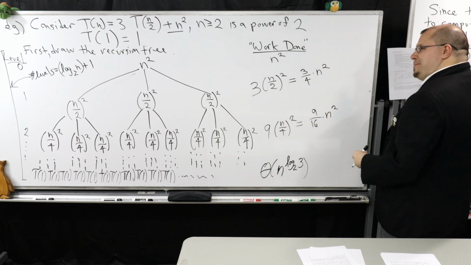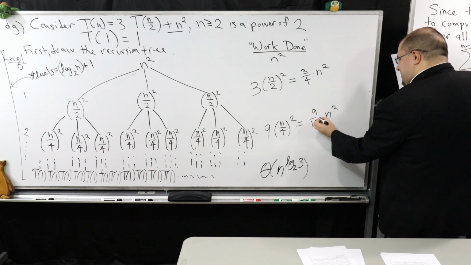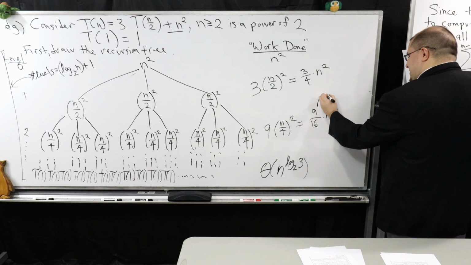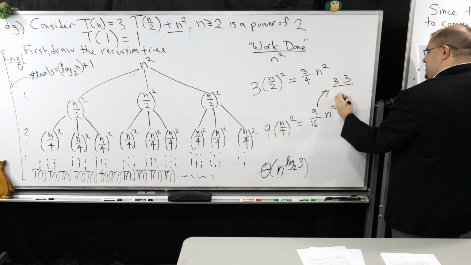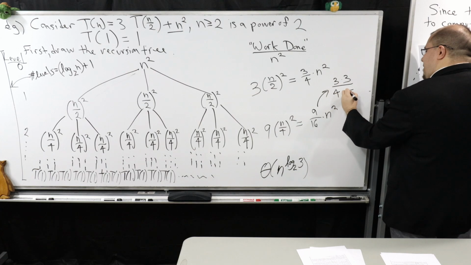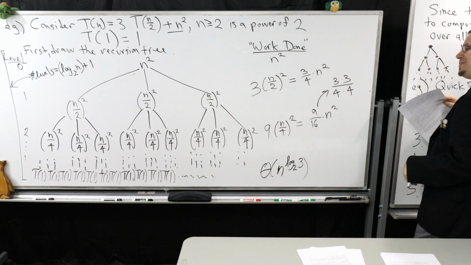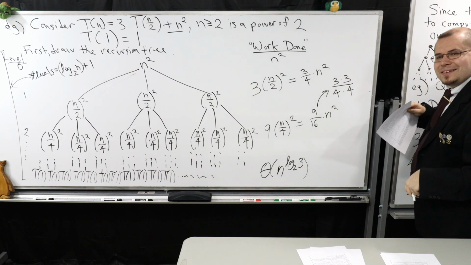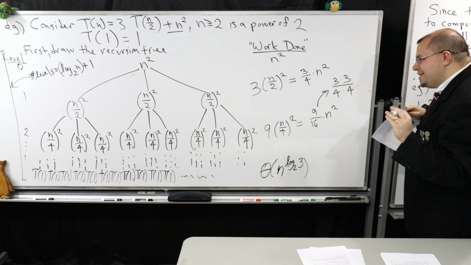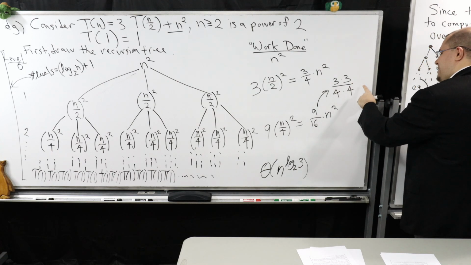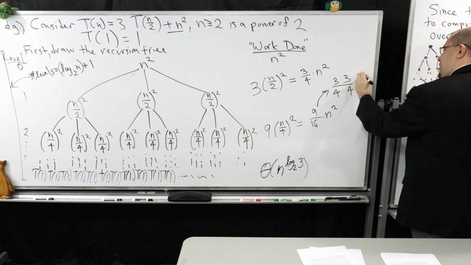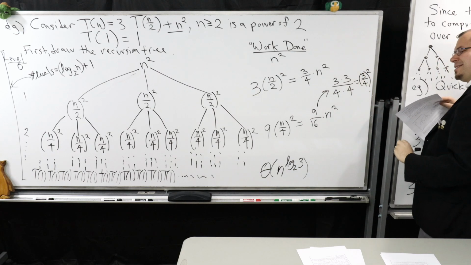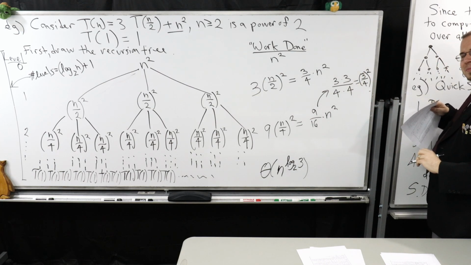But think about it. What's this? This is 3 times 3 divided by 4 times 4. So you can write this in a somewhat different way. You can write this maybe as (3/4) squared instead. Does everybody see that?